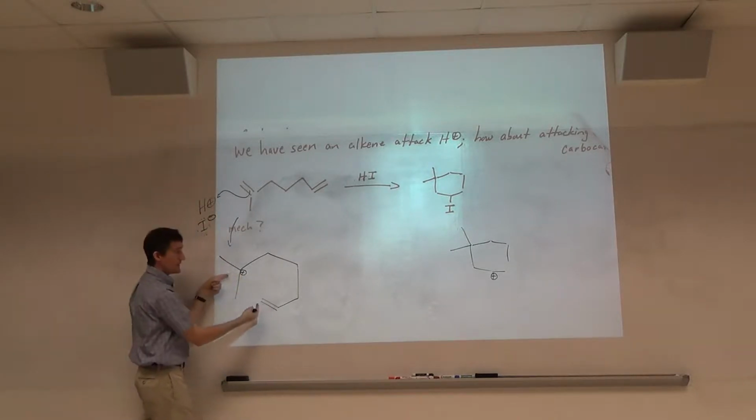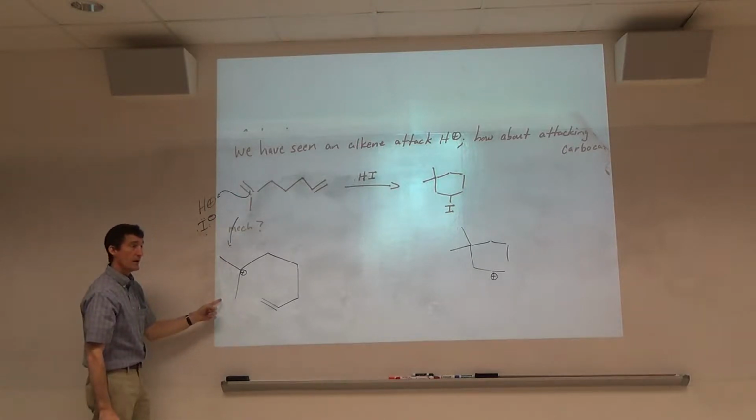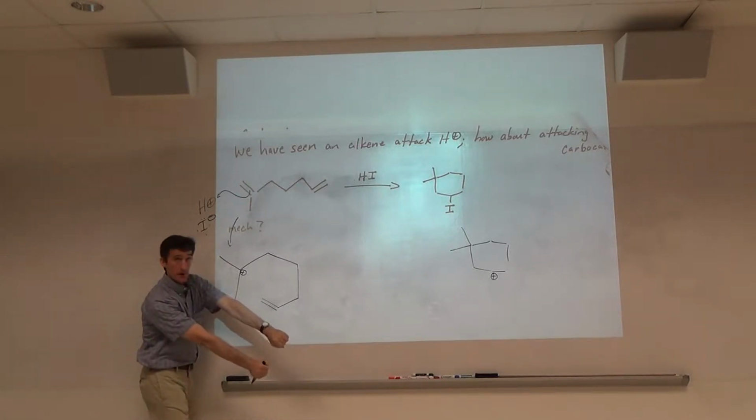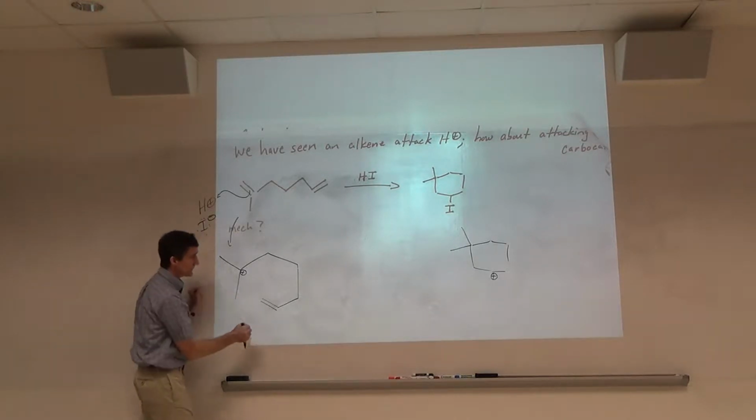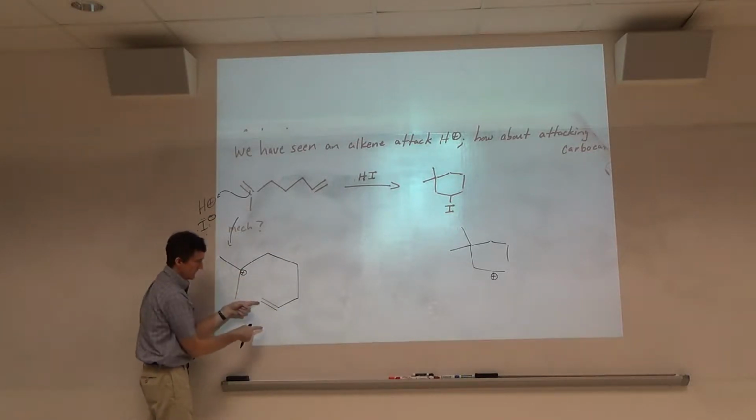This is not going to be intermolecular. It's going to be intramolecular. These electrons are going to break away. To make a 6-membered ring, which carbon do we want bonded here? The outer carbon: 1, 2, 3, 4, 5. That one.